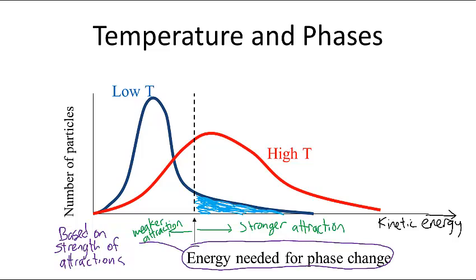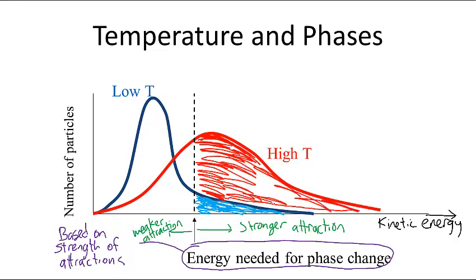And what do you notice about the size of what I'm shading in based on temperature? At low temperature, is it most of the molecules that can undergo the phase change? No, at low temperature, it's just a tiny fraction.